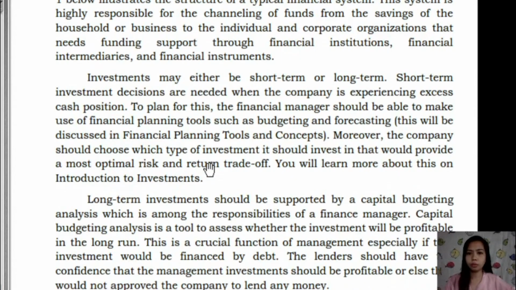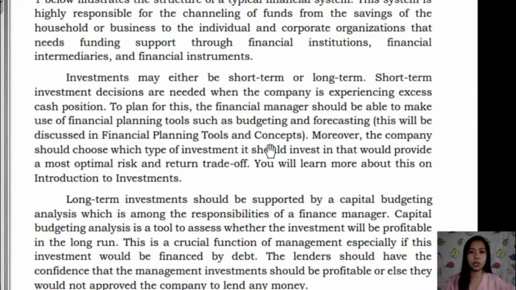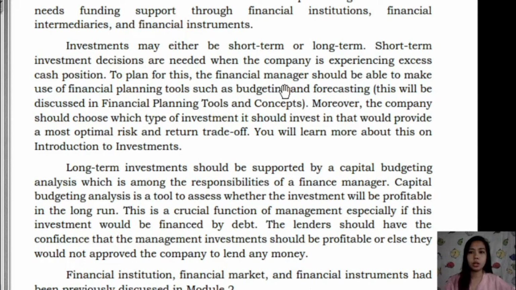Okay, so yung mga short-term and long-term investment decision, pinagkaplanuhan siya ng financial manager. So, should make useful financial planning tools, such as budgeting and forecasting, which we're going to discuss in Module 4. Si forecasting, si budgeting in Module 5, I think.